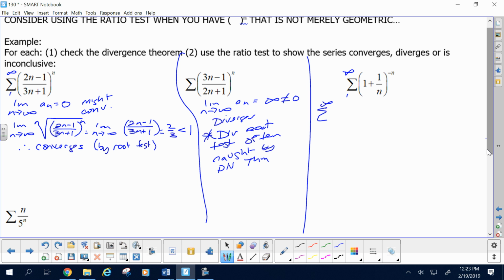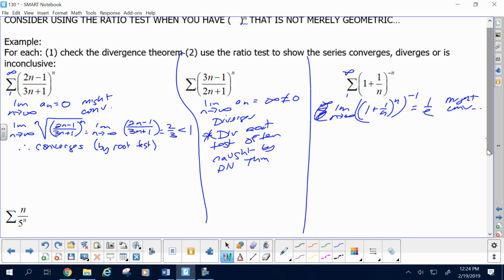But why is it not 1 over e? Because it's the negative n, when you bring it into the denominator, it's 1 over e to the nth. Might it converge? No, it's 1 over e to the first. Yes, it might converge.